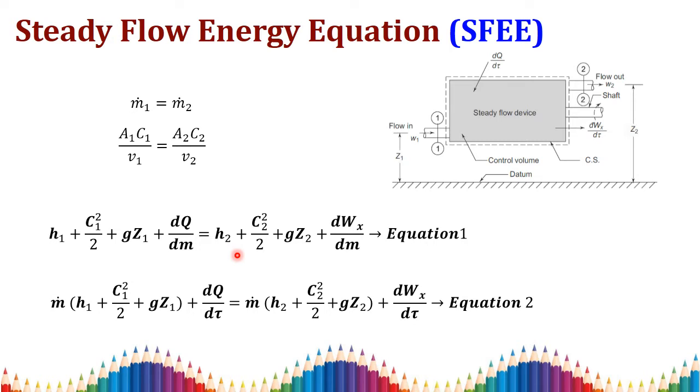So this is your equation for unit mass. When we are considering a mass flow rate, the equation becomes like this. So this is the equation for mass flow rate, and this is for unit mass. With this we move on to a problem.